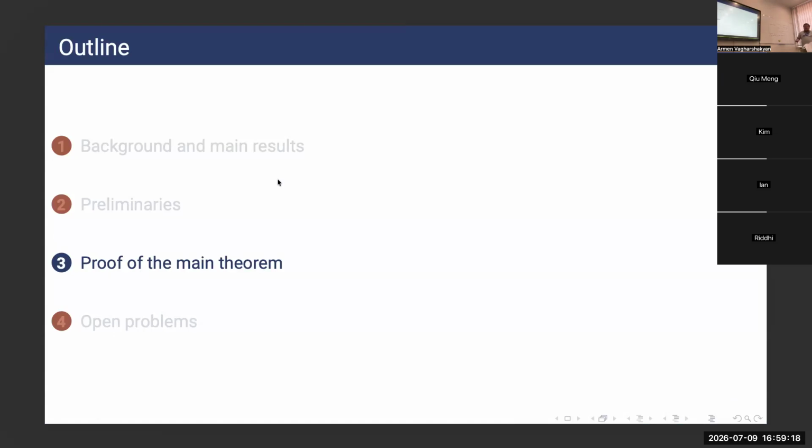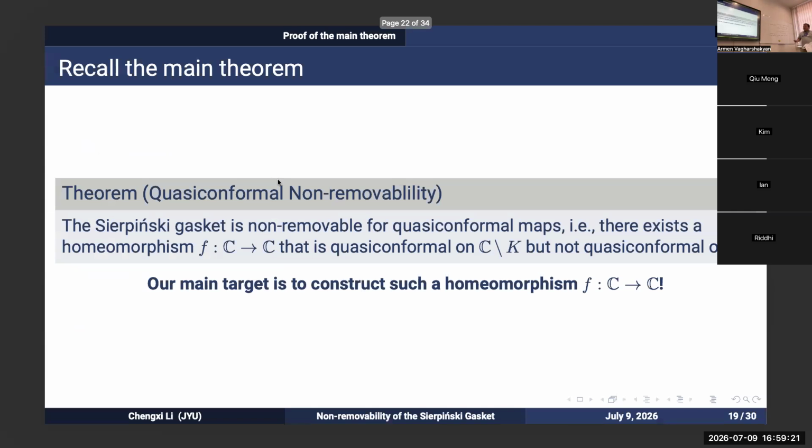Actually, the proof is very difficult, so I can only give some brief ideas of the proof. First of all, let us recall the main theorem. What we want to prove is that we need to construct a homeomorphism F from C to C that is quasi-conformal on C minus K, but not quasi-conformal on the whole plane.